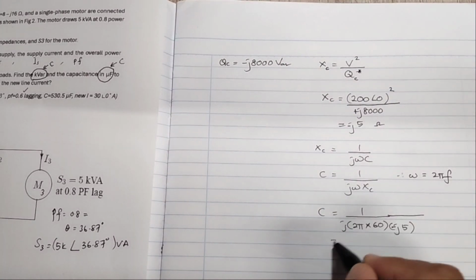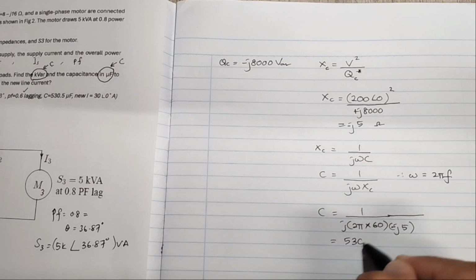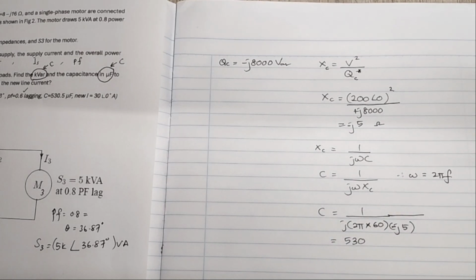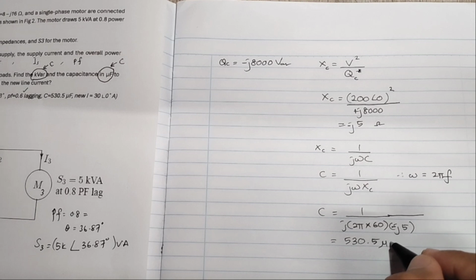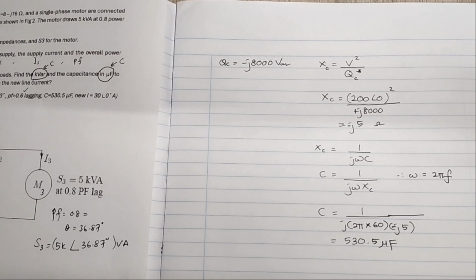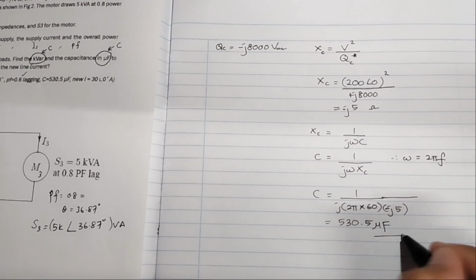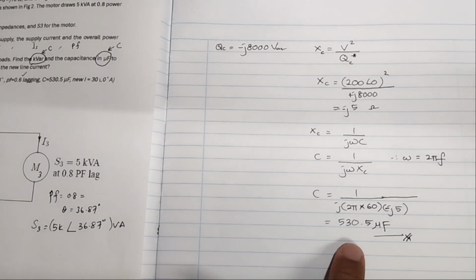So, akan jadi 530.5 micro. Power of minus 6 tu micro lah. So, micro ni. Microfarad. Sebab question ask you in micro, right? So, dapatlah nilai C. Nilai C ni lah yang kita install. Kita install C ni. Okay.